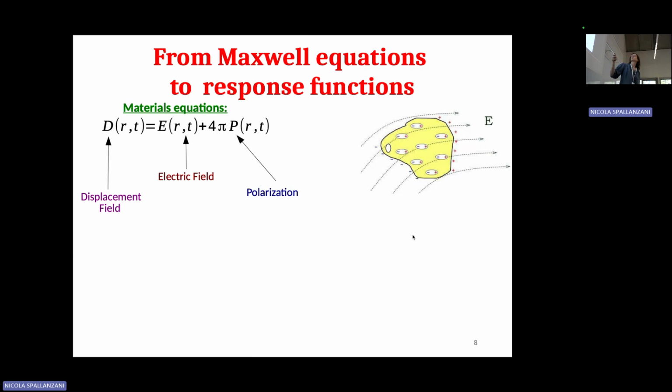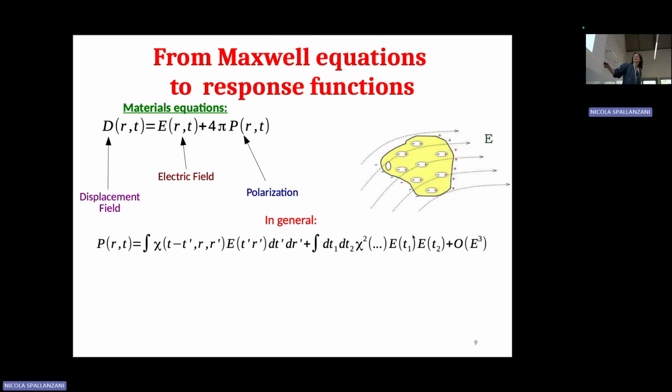From the material equations, we have that the displacement field is equal to the total electric field plus the polarization. So this is the total electric field, and then there are dipoles and polarization charges which are created inside the material.